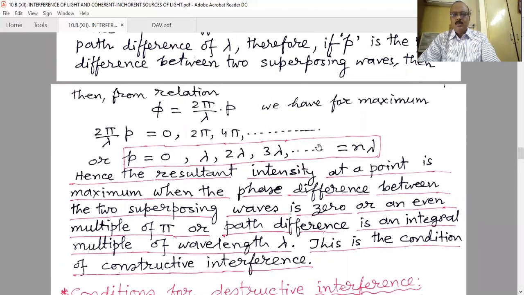When we deal with Young's double slit experiment, at that time we will use this condition, either phase difference 0, 2 pi, 4 pi, 6 pi, etc., or path difference 0, lambda, 2 lambda, 3 lambda, and if these two waves meet at a point, and with respect to time there is no change in this phase difference, then we get constructive interference at that point. That means we get the bright light spot at that point.